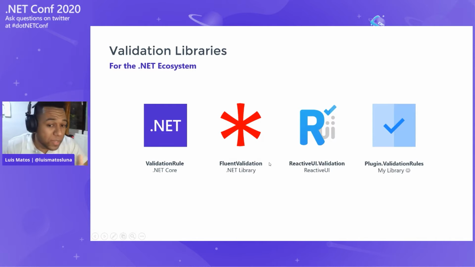I need to say that FluentValidation has support for .NET Standard, but what is the difference between my library and the other libraries that we have already? The difference is that I care about the UI, and you will see why I'm telling you this.